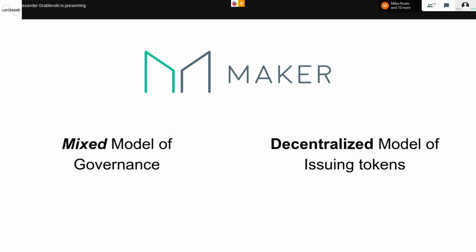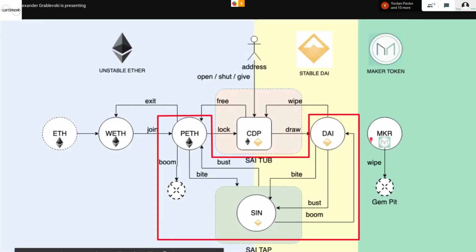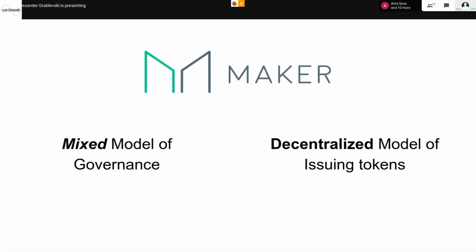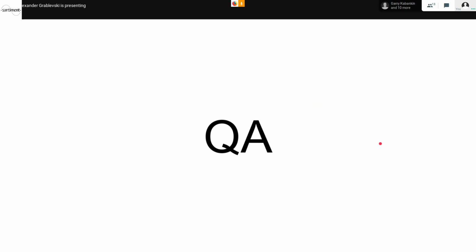And if the majority of people voted for changes, the Maker company sends the transaction for changing some fixed parameter, for example, the stability fee, and after that it's fixed. That happens not so often, but still that's a kind of mixed model of governance. From my point of view, that's not an elegant solution, but it works as well.